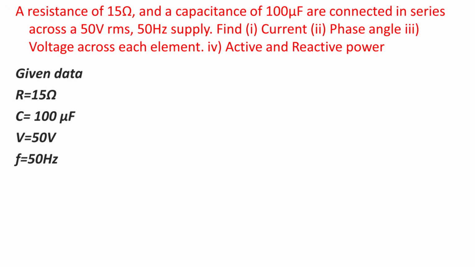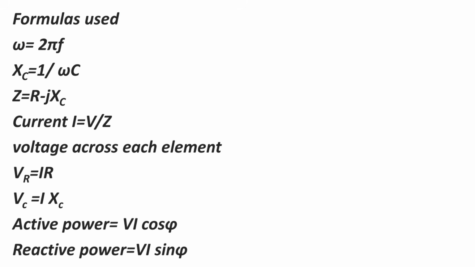Now the formulas used: omega equals 2 pi f, Xc equals 1 by omega C, Z equals R minus jXc, and current I equals V by Z. Voltage across the resistor VR equals I into R, whereas voltage across the capacitor is VC equals I into XC.